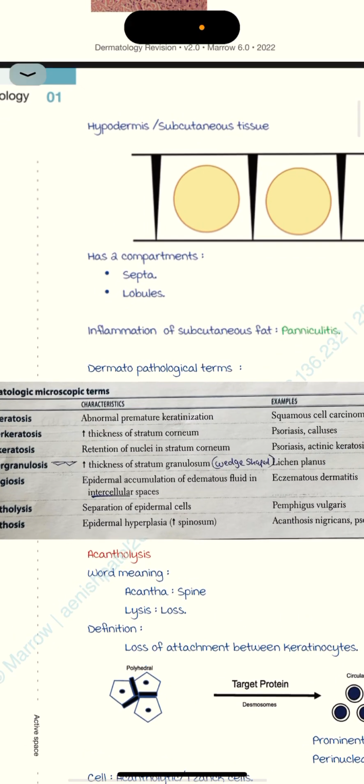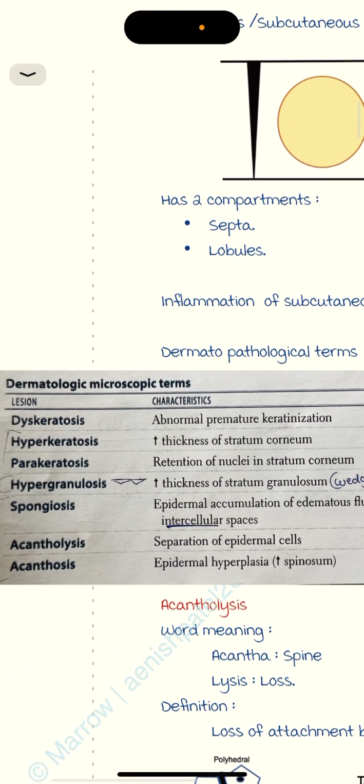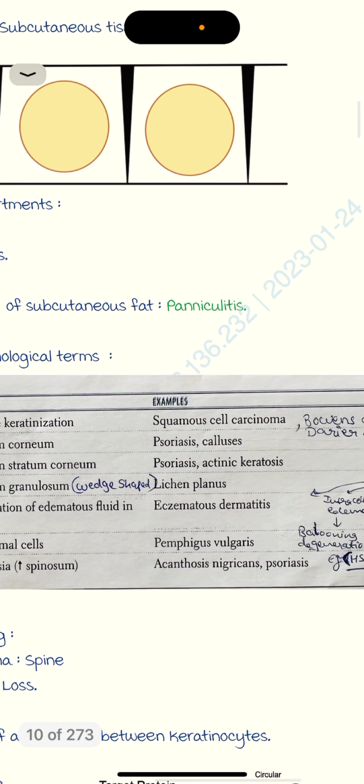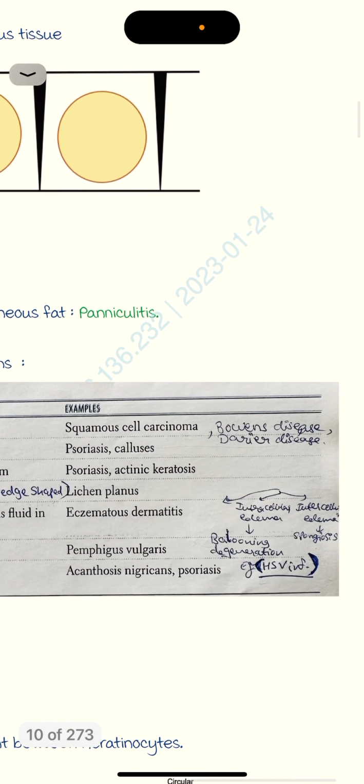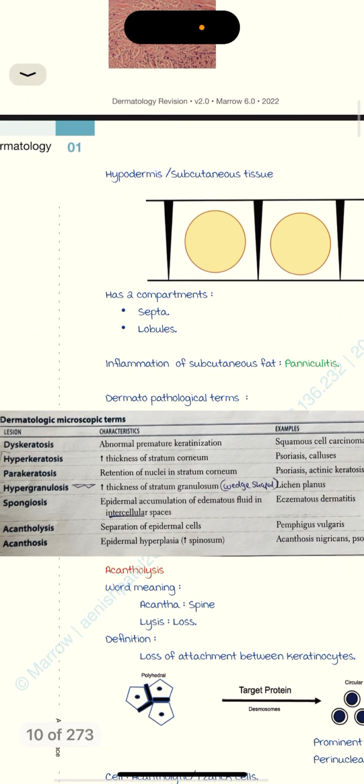Now let's see some of the terms. Abnormal premature keratinization is known as dyskeratosis, and it occurs in squamous cell carcinoma of the skin, Bowen's disease, and Darier's disease.